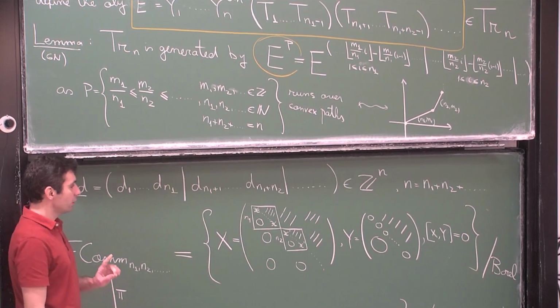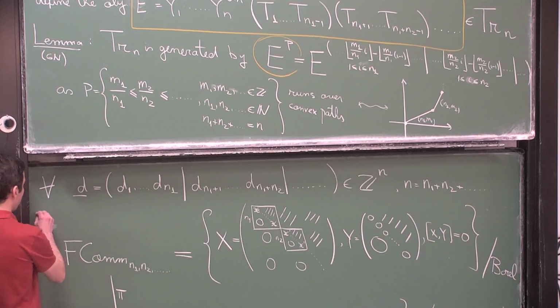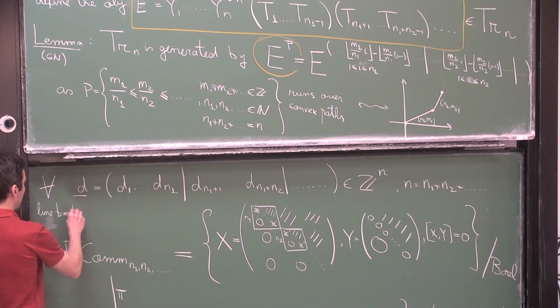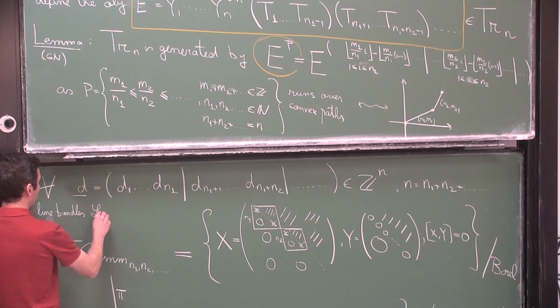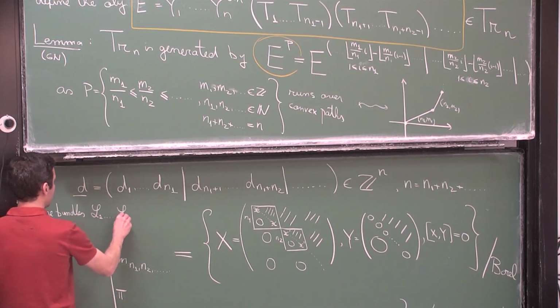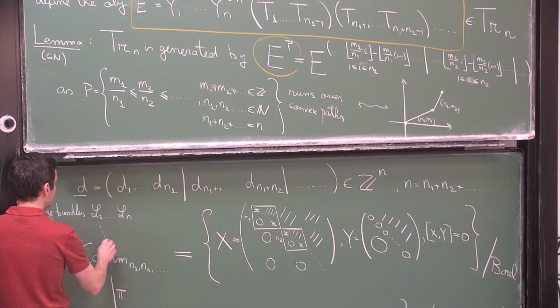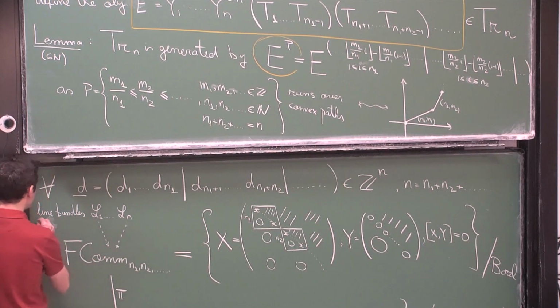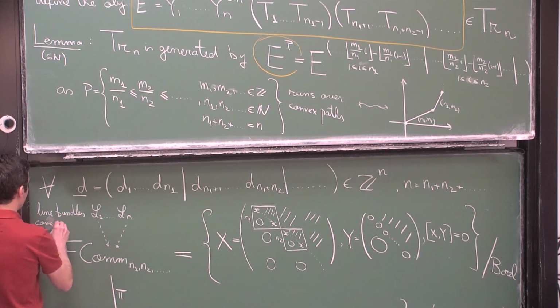And the last geometric thing I will need is the fact that there are a bunch of line bundles on this F n called L1 through Ln. These are line bundles on the stack F n, and these come from the Borel quotient.